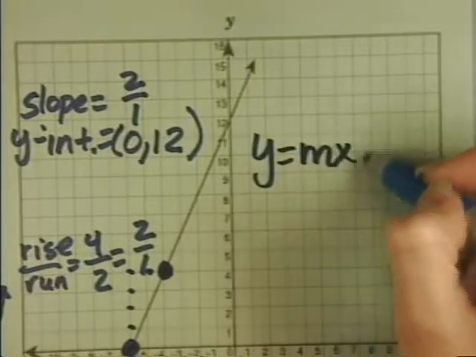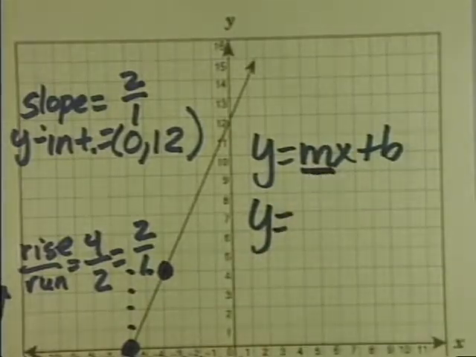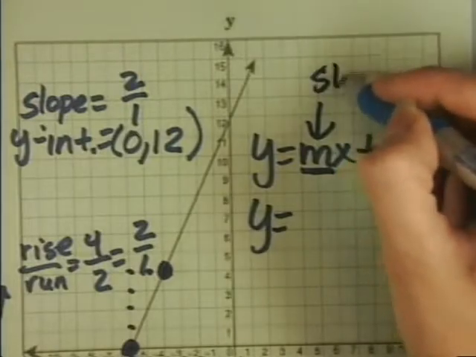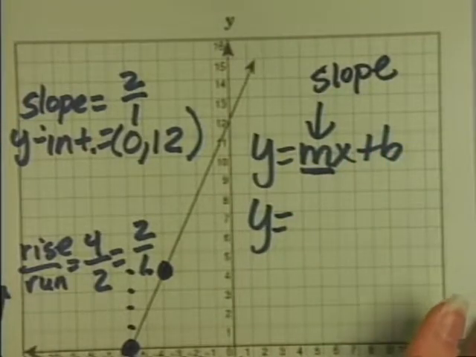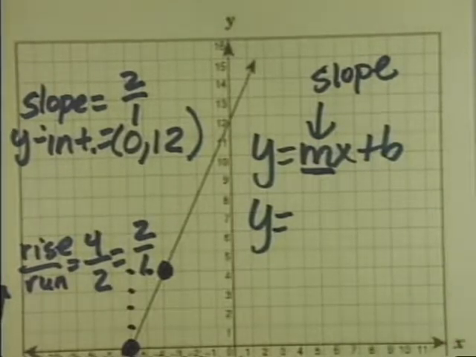Y equals, what's the M? Slope. Remember the M is your slope. Okay, so what's the slope that we got? Sergio, you still there? Sergio accidentally hung up.